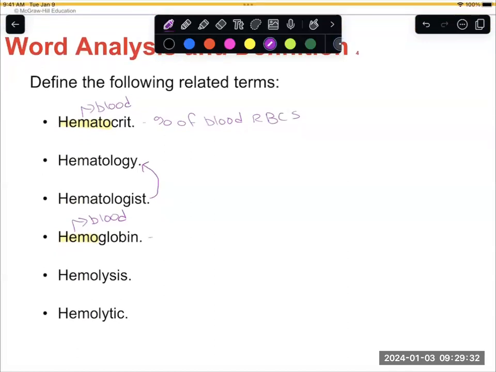Hemoglobin is that red pigmented protein that makes up those red blood cells. Hemolysis, I mentioned lysis before, is that destruction of red blood cells.